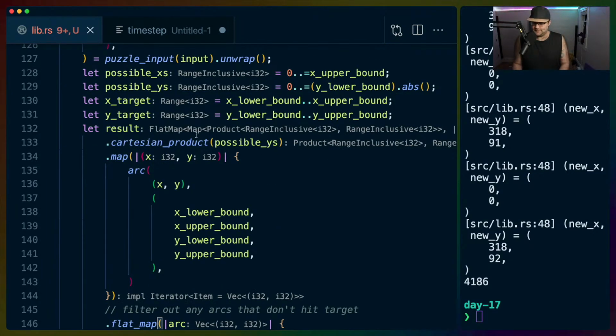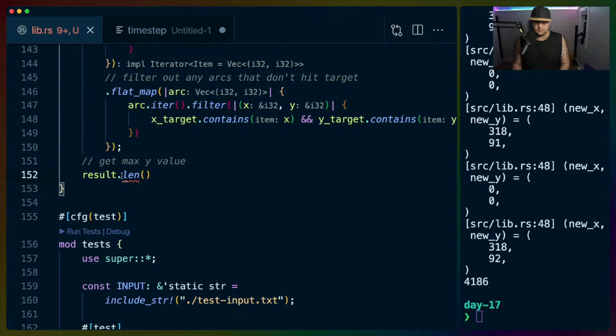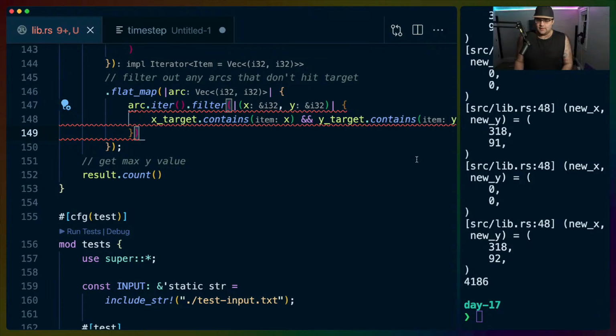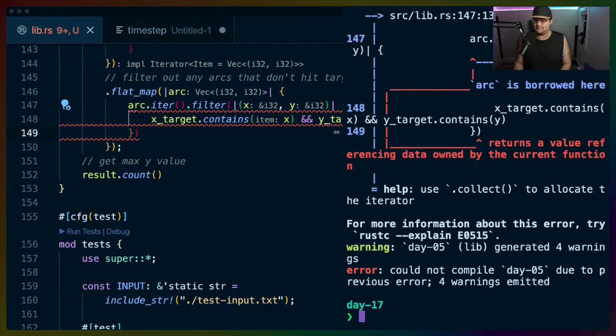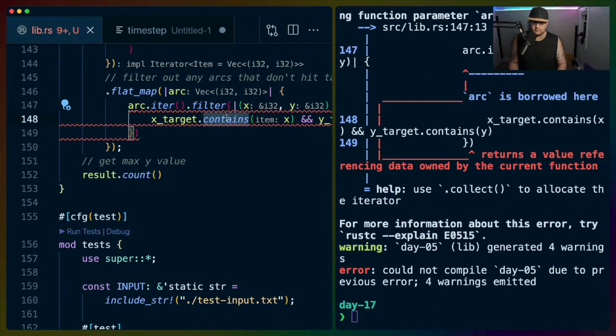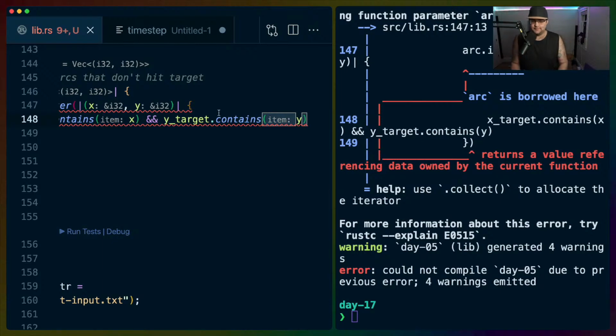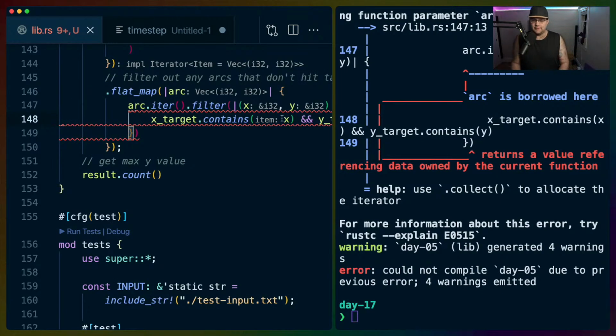Flat map. Oh, it's count on iterators. Which means that this is what? Why is this complaining now? Returns a value referencing data owned by the current function. Does it? X and Y?